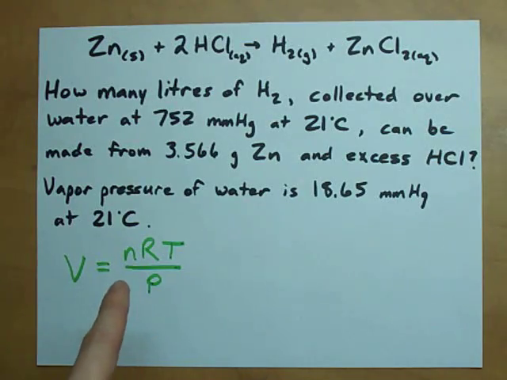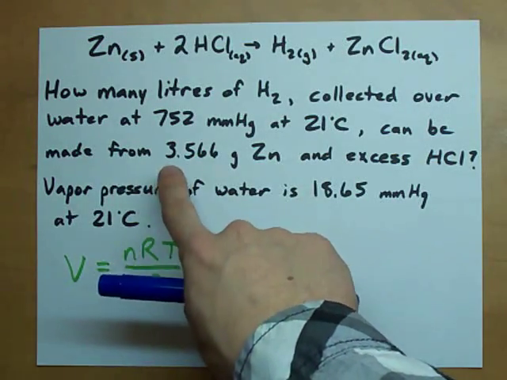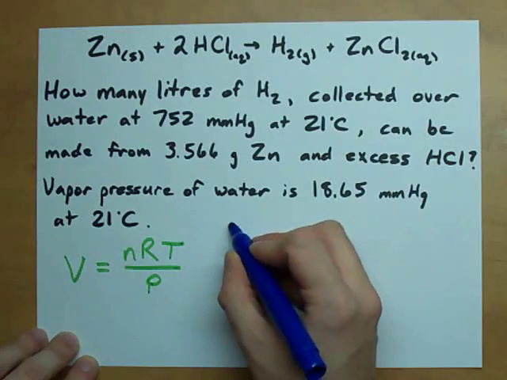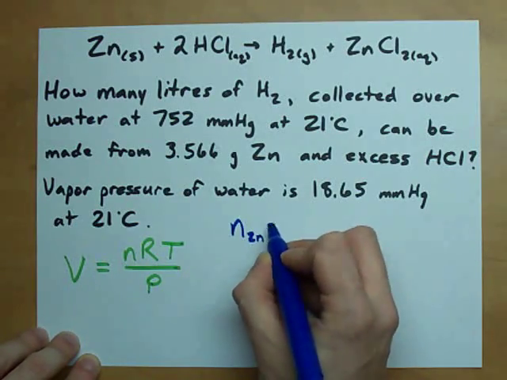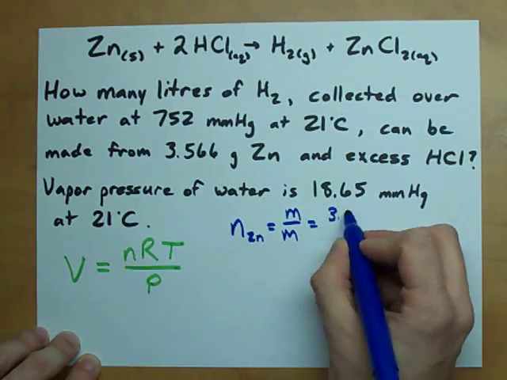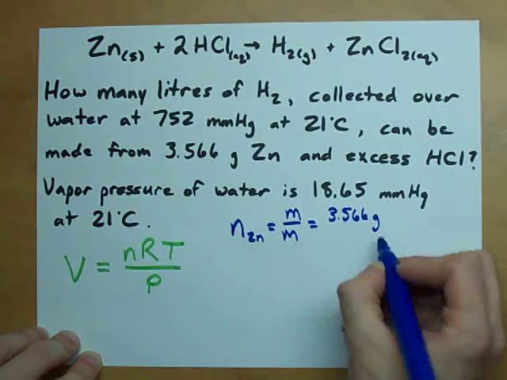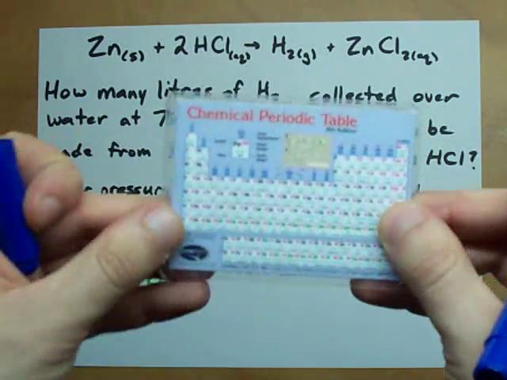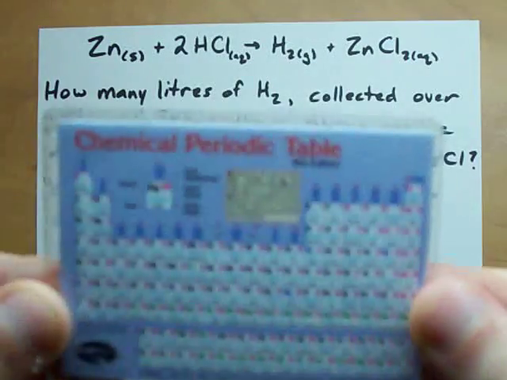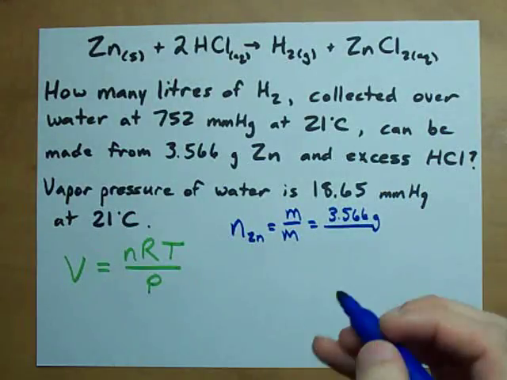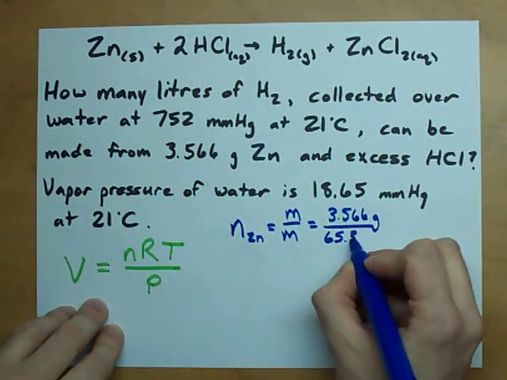Now the number of moles is going to come from the fact that we're reacting 3.566 grams of zinc. The number of moles of zinc is going to be the mass divided by the molar mass. 3.566 grams divided by the molar mass of zinc, which according to my periodic table is 65.39 grams per mole.